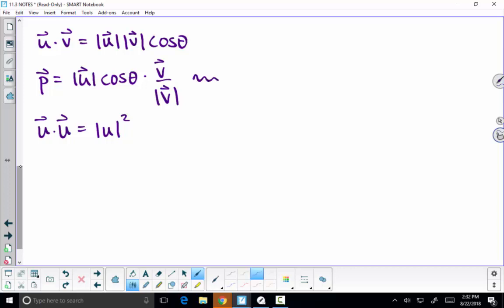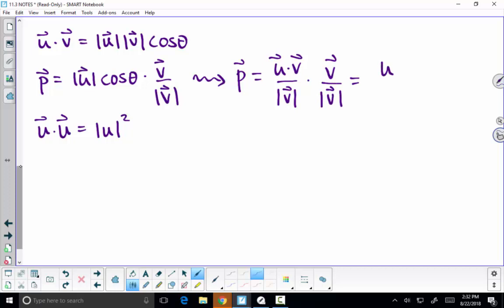So we're going to say that p is then equal to length of u cosine, that's going to be u dot v divided by the length of v, multiplied by v divided by the length of v.